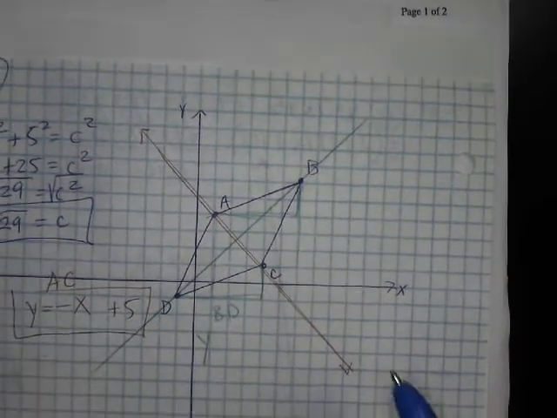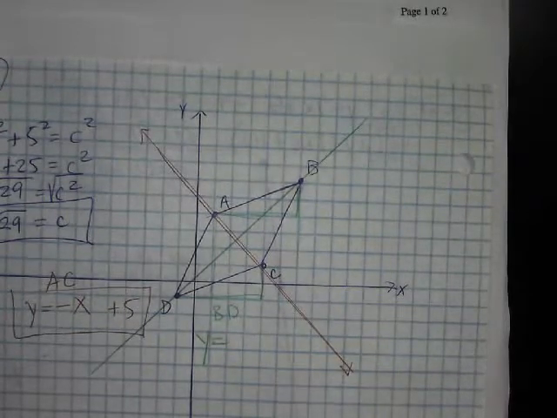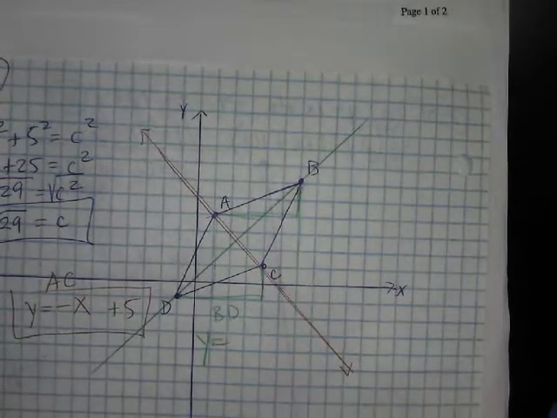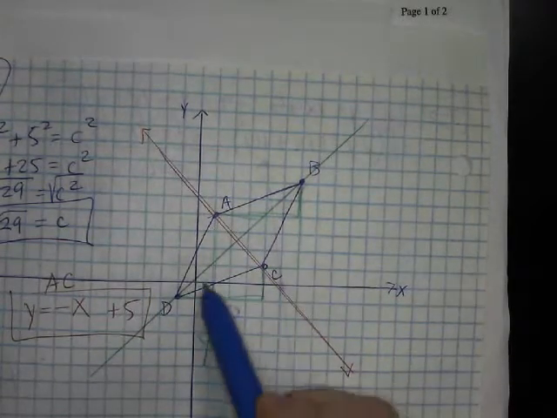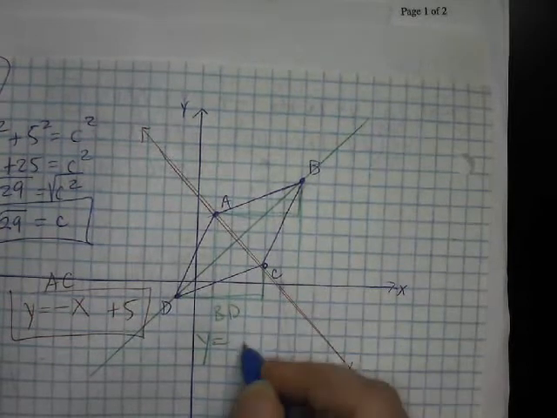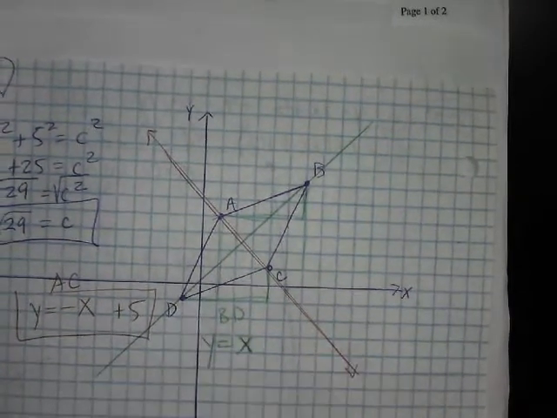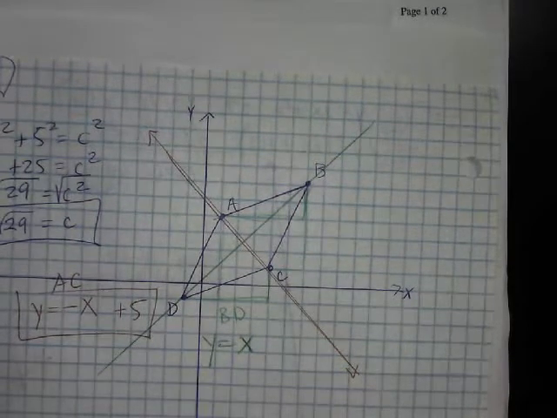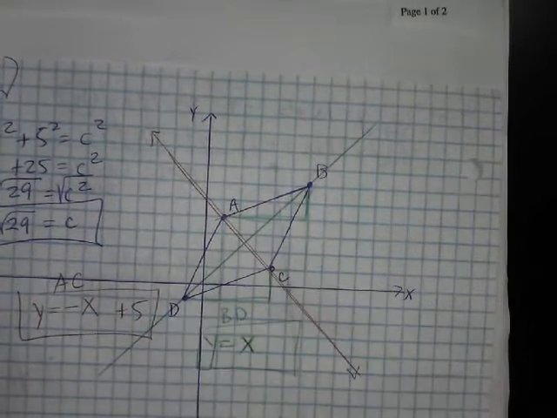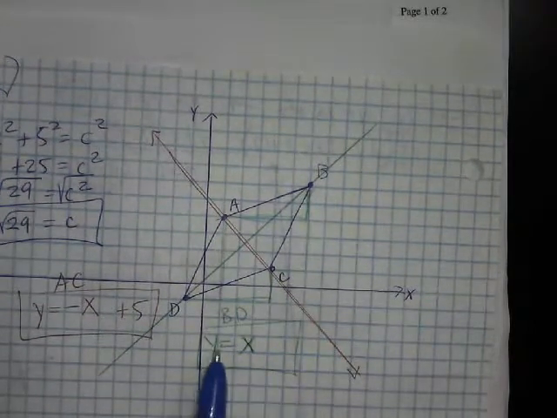Y equals, let's see, it looks like it starts at the origin, so b is 0. And it's going up one at a time, so it looks like they're perpendicular. They are, and that means that y equals x. Yes, because it'd be y equals 1x plus 0, but we can just write it as y equals x.